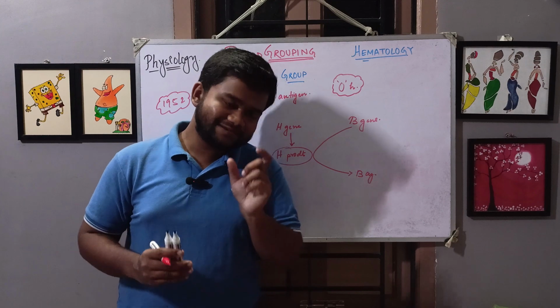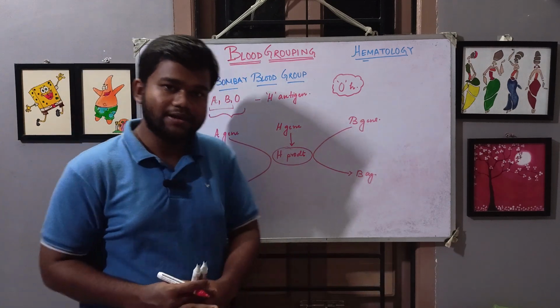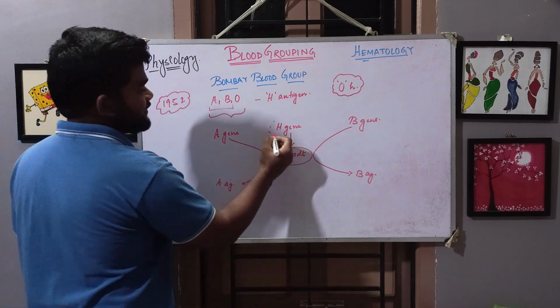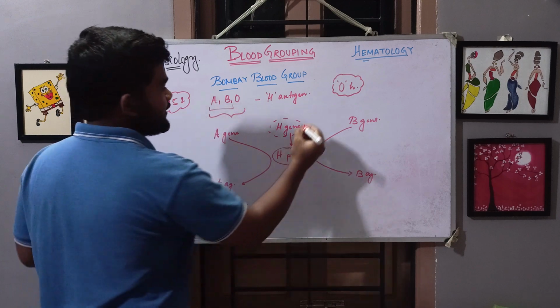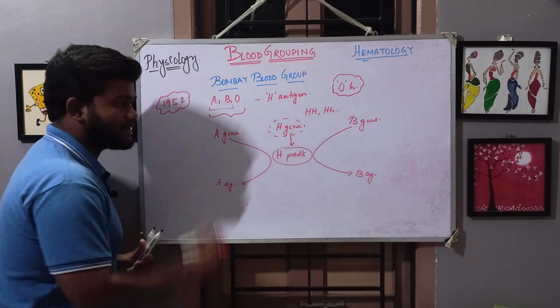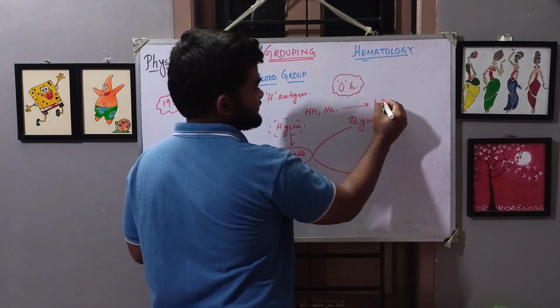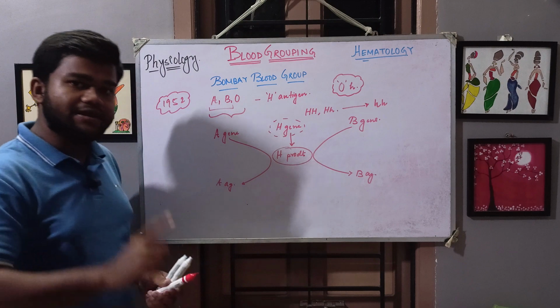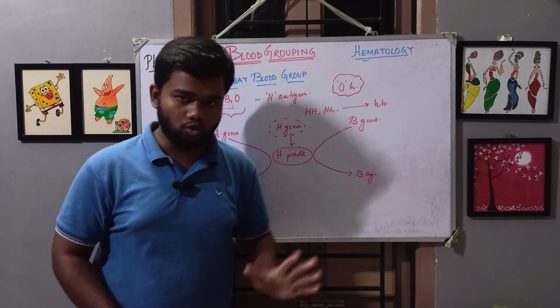Now, this H antigen is present in the blood group O as well when this H gene or the genotype of the blood group O is HH or H small h. If the genetic composition becomes completely recessive, that is small h, then he or she is termed as having the Bombay blood group.